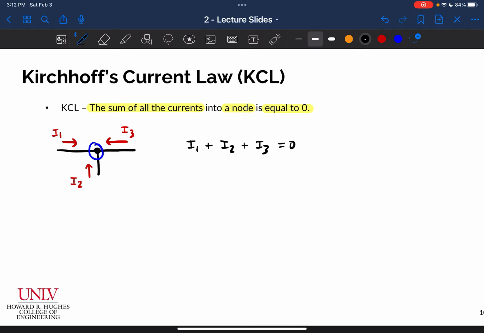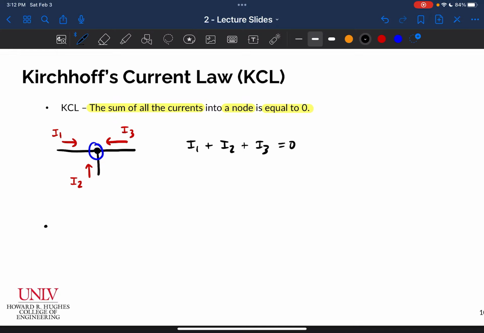Every node in every circuit has a KCL expression, and the sum of all the currents into that node is always equal to 0. However, there is a different way to write this expression, a different way to think about KCL, which I particularly find incredibly useful.